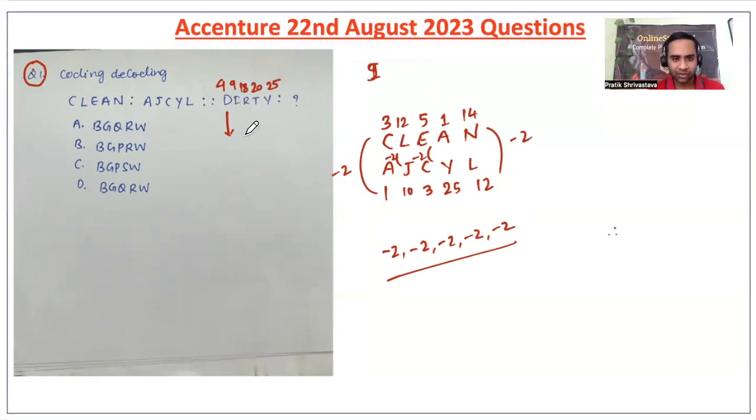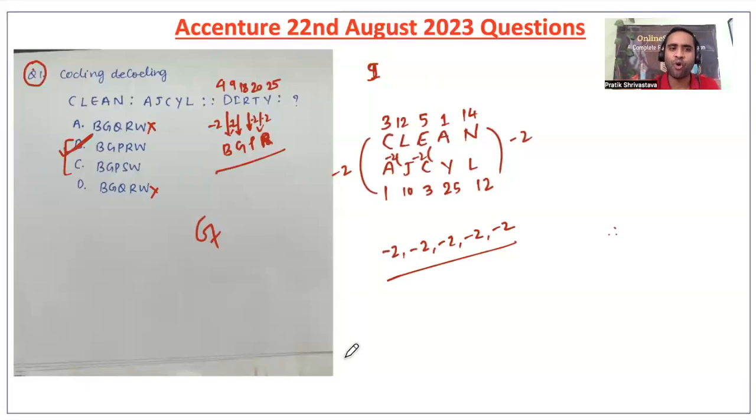D is 4, so if you subtract 2, it will be 2, and 2 is the position of B. I is 9, 9 minus 2 will be 7, and 7 is G. R is 18, if you subtract 2, it is 16, which is P. Now BGP, so I could see that options A and D are eliminated. T is 20, so T minus 2 gives R. So now B, G, P, R, so option B will become the correct answer, right?